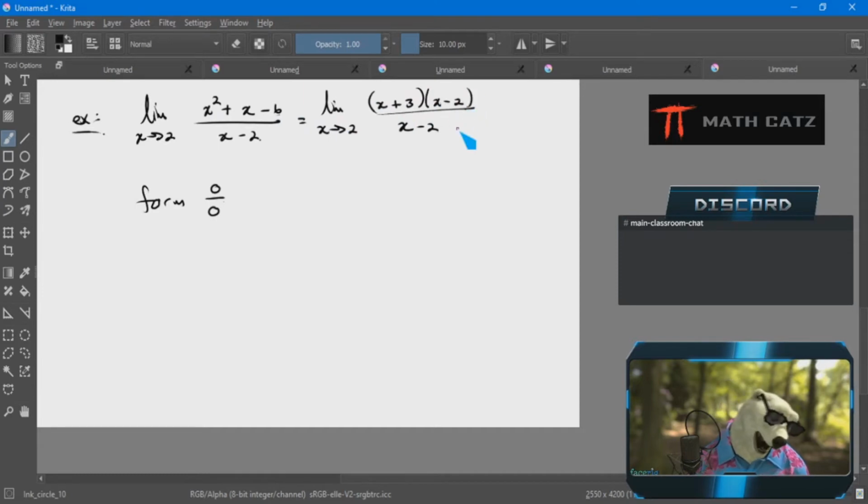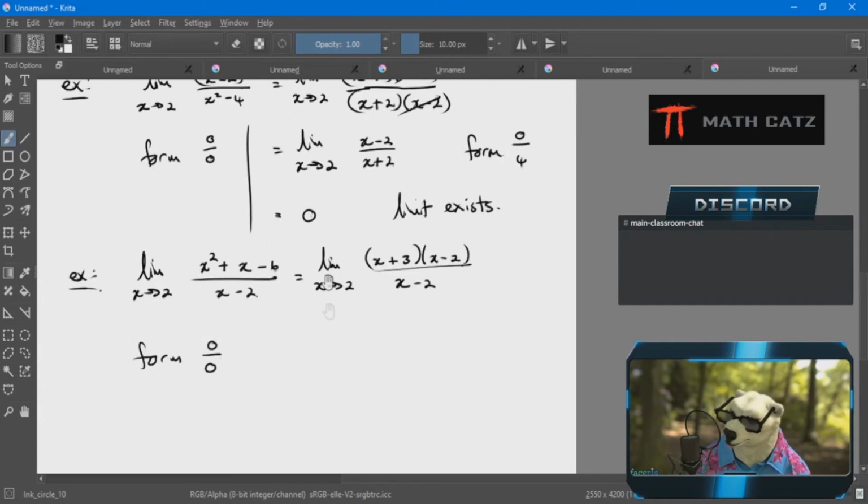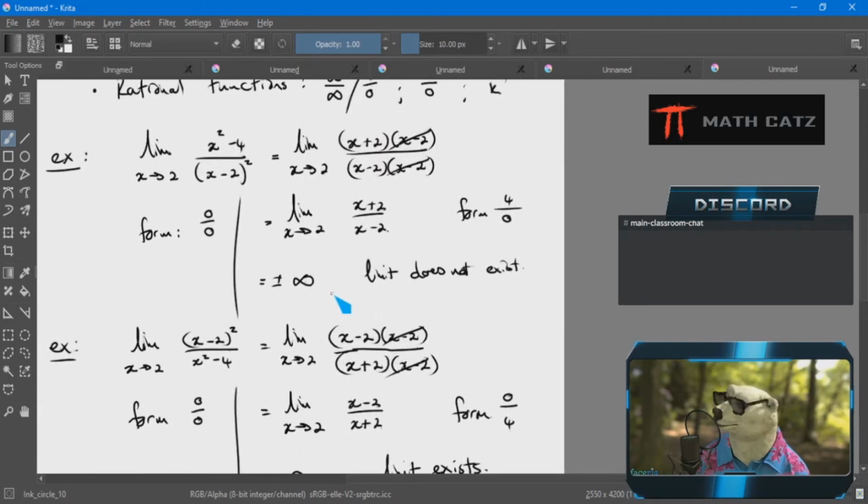Now please be aware that just because I have 0 over 0, just because I can factor the numerator, doesn't mean I will always cancel something. Look at this first one, okay, bad example, I still canceled something. I think we're going to get to something where it's not necessarily the case.